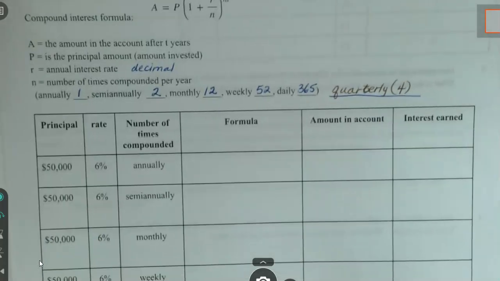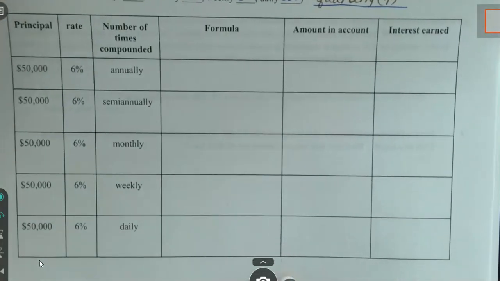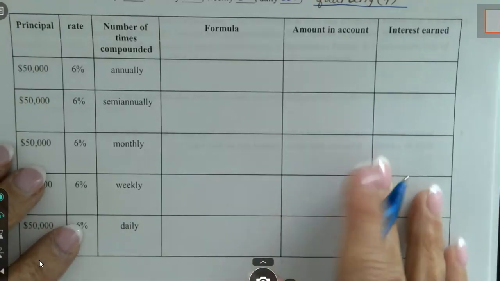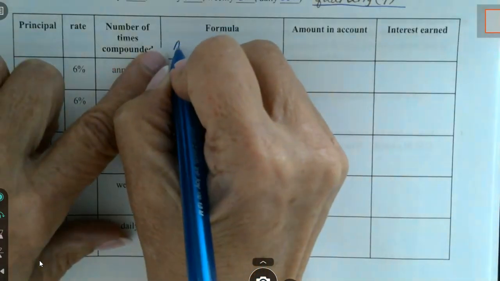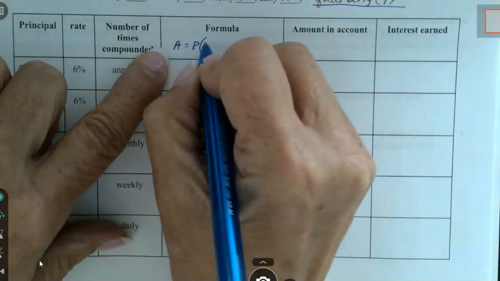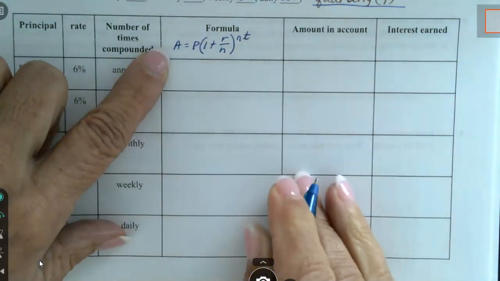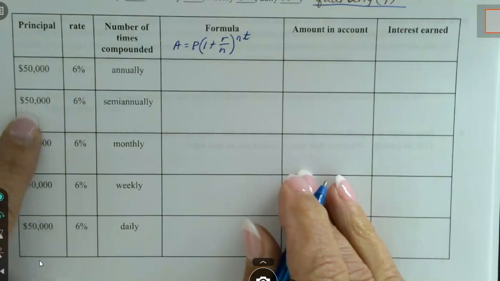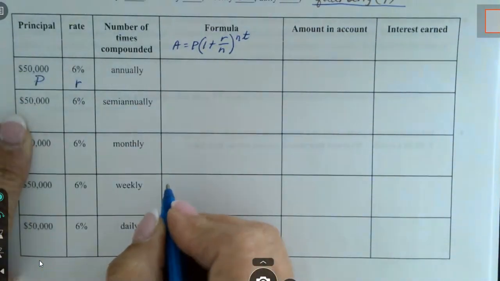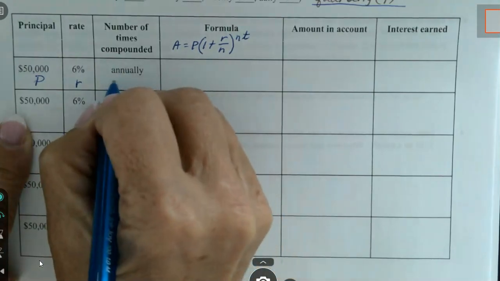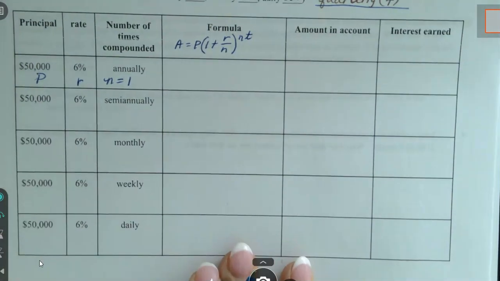And so we're going to fill in this chart as our first set of problems. Again, we're going to just use that formula. I'll write it again here so you can see it. Okay? In this case, our 50,000 is our P, our 6% is our R, and this says annually, which means, again, N is going to equal 1.